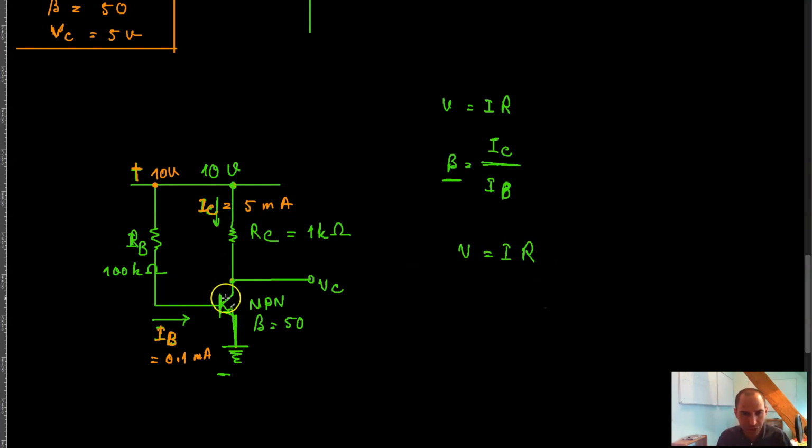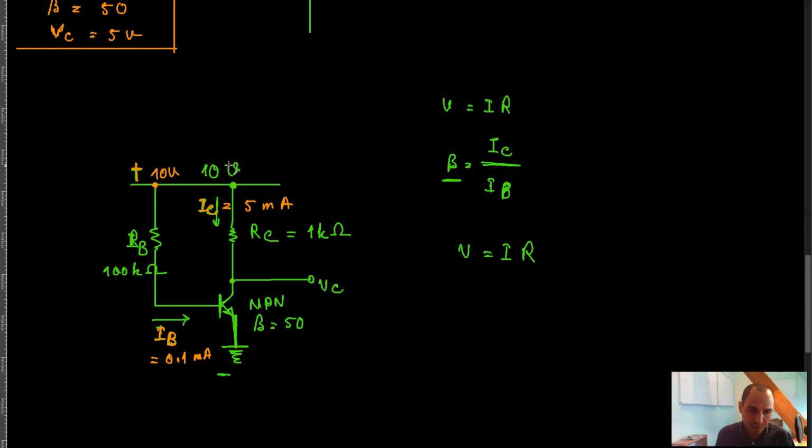When you have less current going through the collector, there is less voltage drop across this resistor. Less voltage drop across the resistor means more voltage drop across the PN junction of the transistor, because the two voltage drops have to add up to the supply voltage, right?